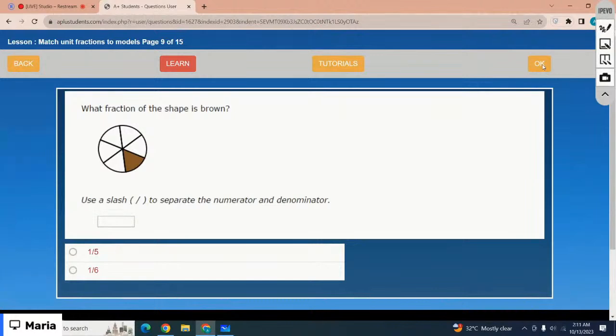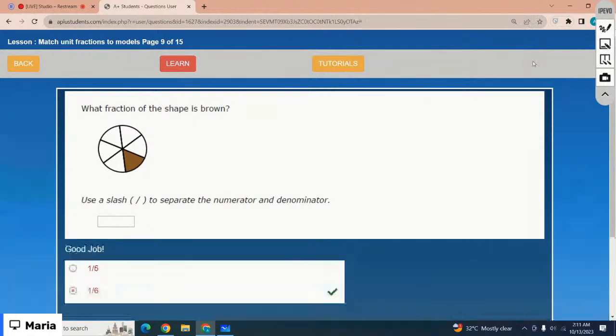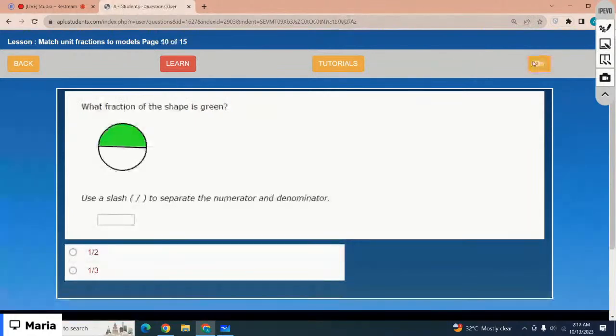The correct option is 1 out of 6. What fraction of the shape is green? Which is the correct option? That is 1 out of 2.